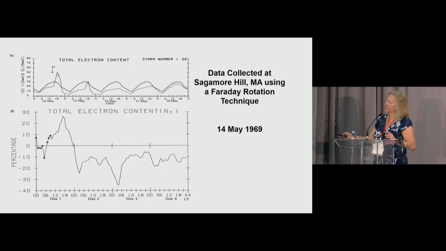So this is a storm where you see the storm enhancement, and this black line is the average TEC expected over many days, and what you're seeing is that, yes, there's the storm time depletion following the initial enhancement. So all of this was studied before.